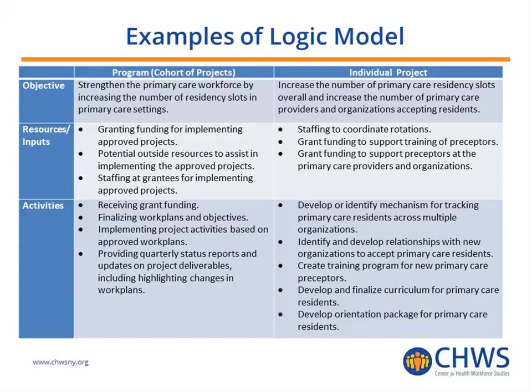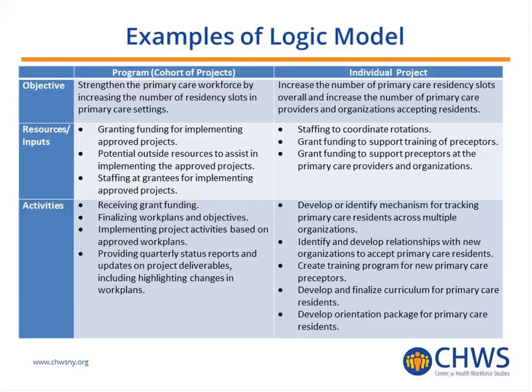So again, and I know this is a little more difficult to understand, as you're moving back and forth between the programs and the projects, but I try to give good examples. So when we go to activities, the same thing happens.